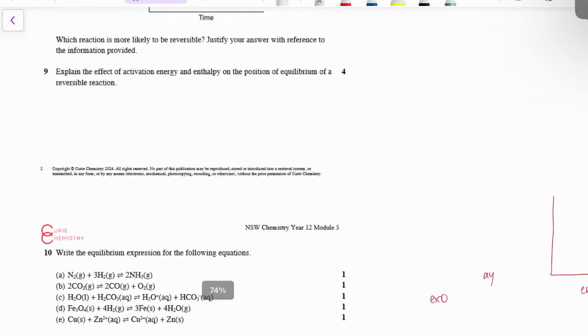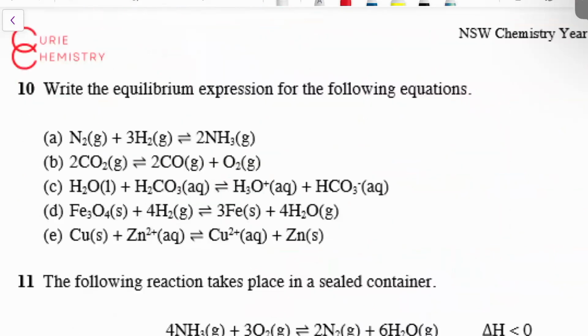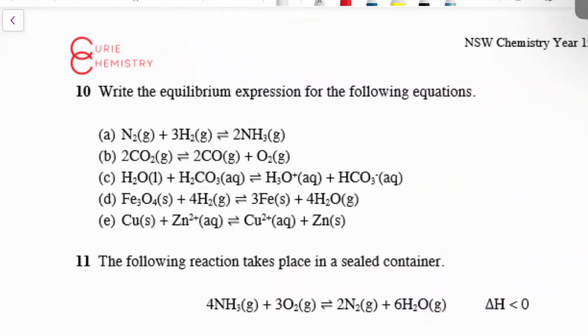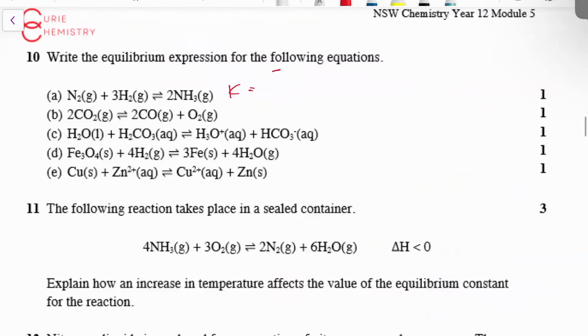Question 10, write the equilibrium expression for the following equations. It's concentration of products over reactants to the power of the coefficients, excluding any pure solids or any pure liquids. What would your equilibrium expression for A be? NH3 squared on N2 H2 cubed. Yep.